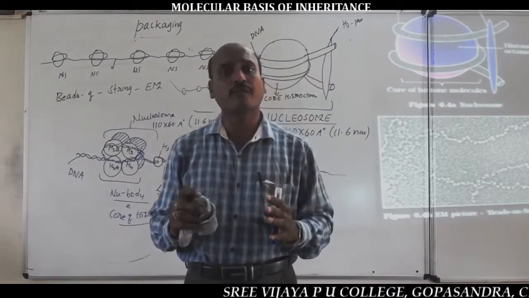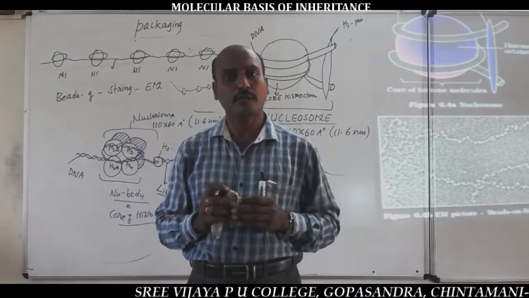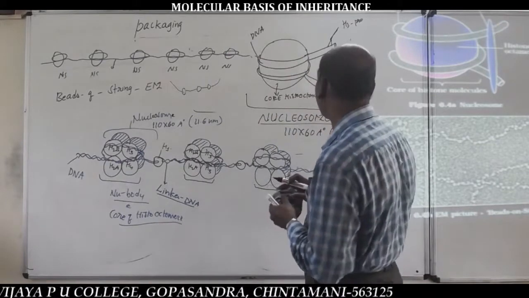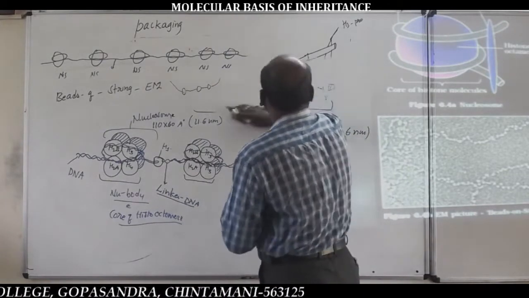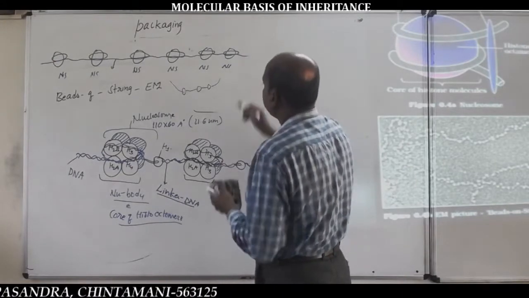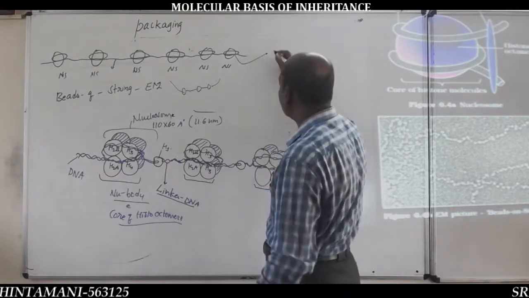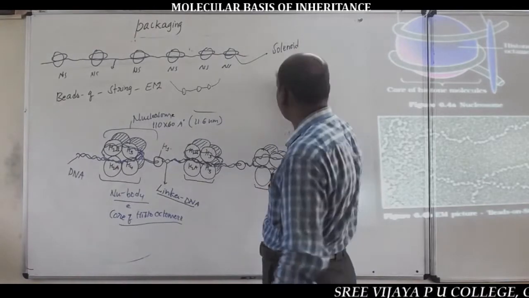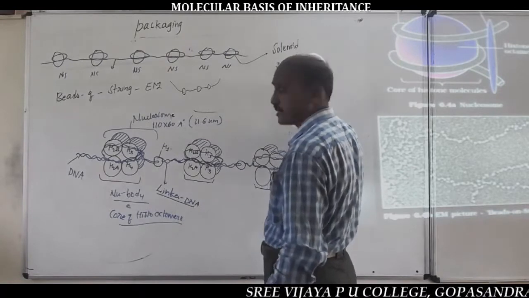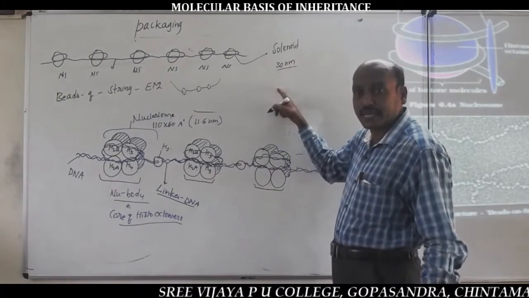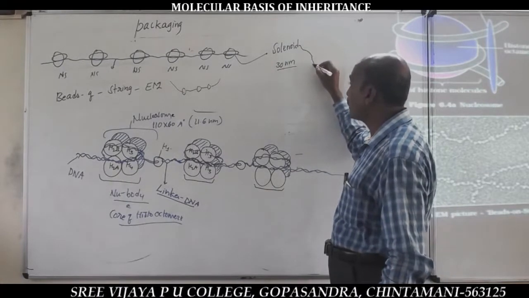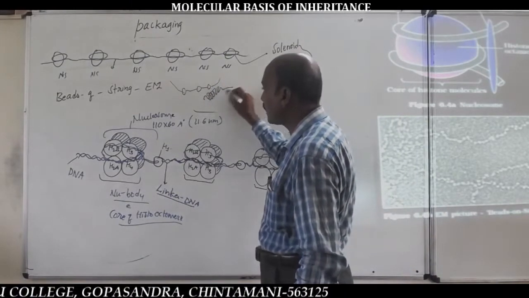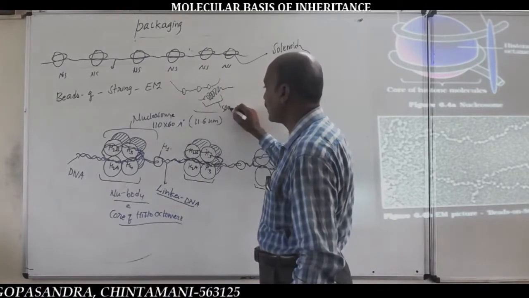Very important: this kind of nucleosome chain is condensed to form a structure called solenoid.